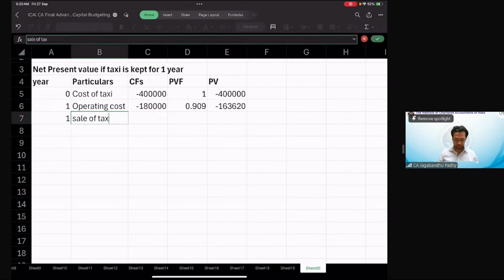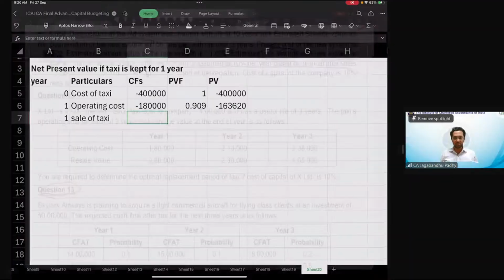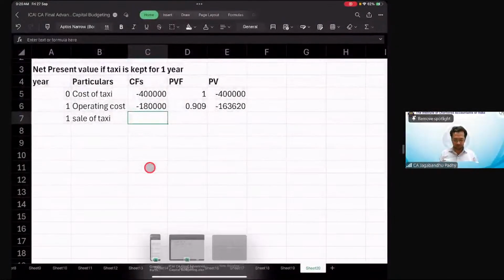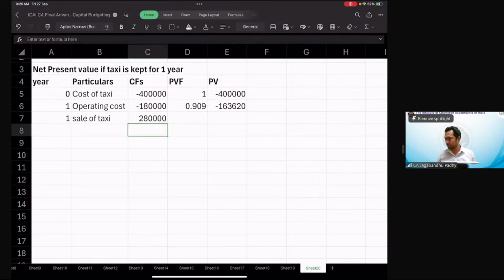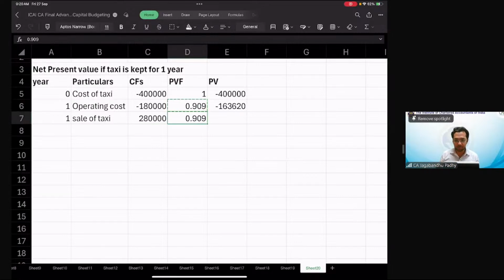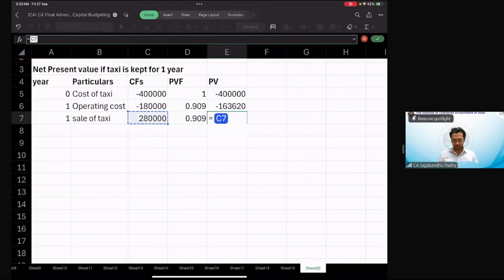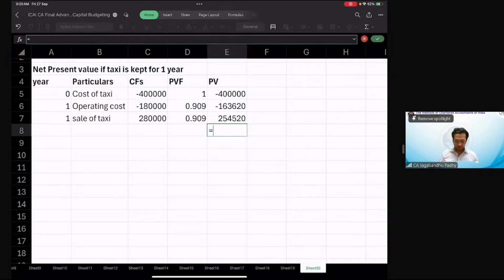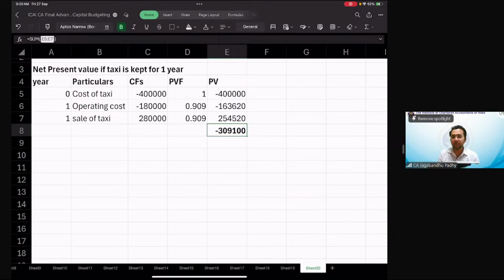Sale of taxi. In the first year, the salvage value, resale value, is 2,80,000, but that will be an inflow. Then the present value factor will also be 0.909, and the present value will be 2,54,000. When we take a sum of it, we get the net present value to be 3,09,100 negative, because it's an outflow.